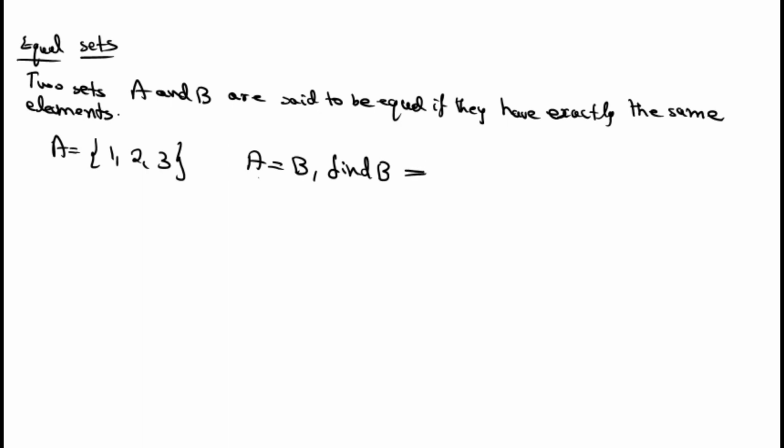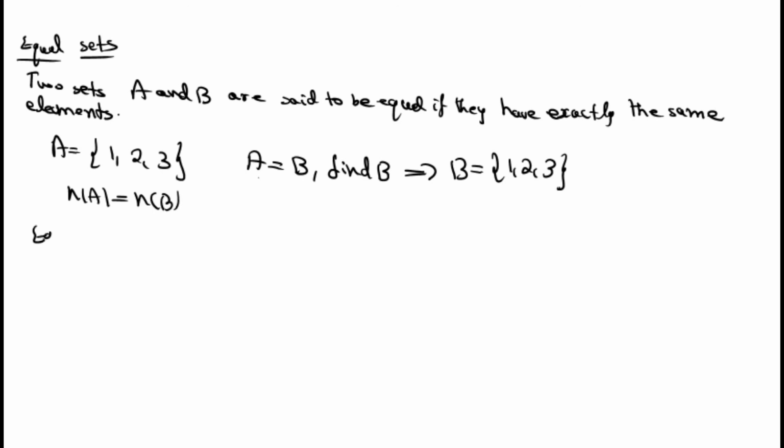This implies set B also is equal to {1, 2, 3}. In this case you can say n(A) is equal to n(B). Moreover, it has the same elements. Equal means, the name itself says it. So two sets A and B are said to be equal, then they must have exactly the same elements.